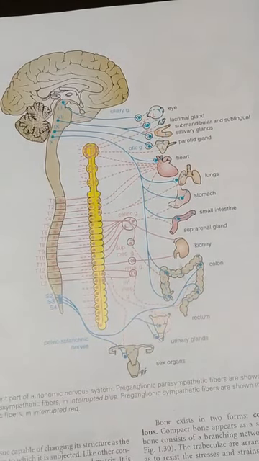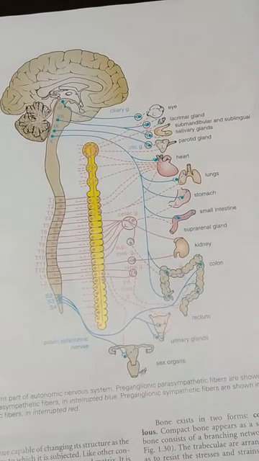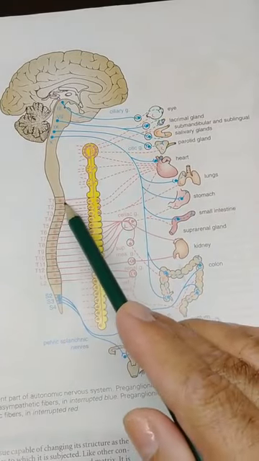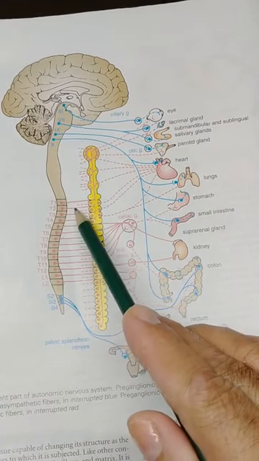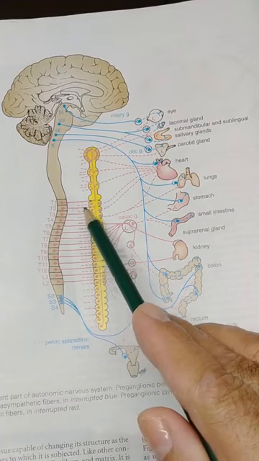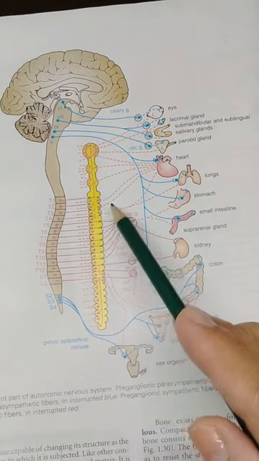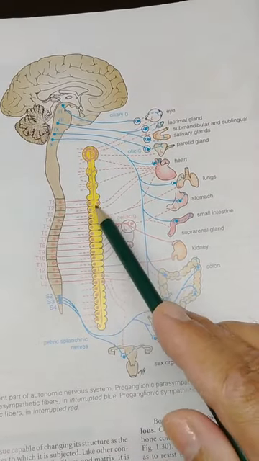So, as mentioned before, what will happen? This one here, the preganglionic sympathetic fiber goes into the ganglion and makes a synapse.